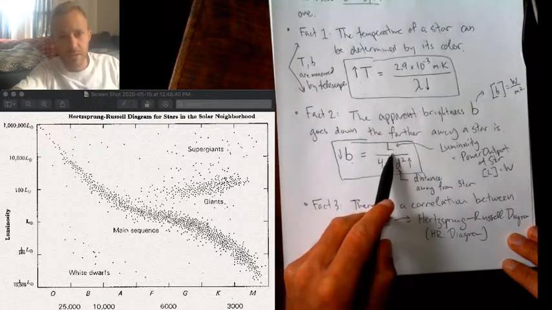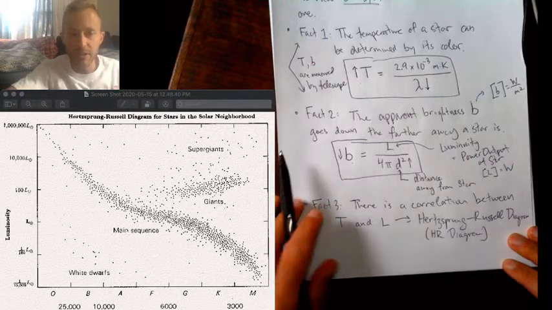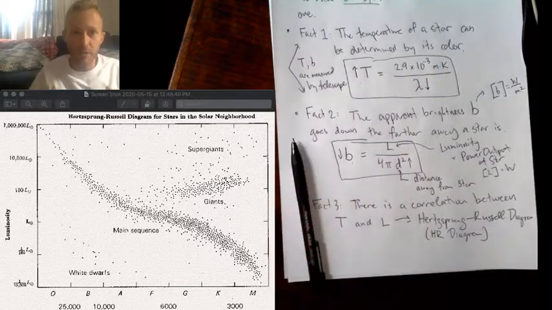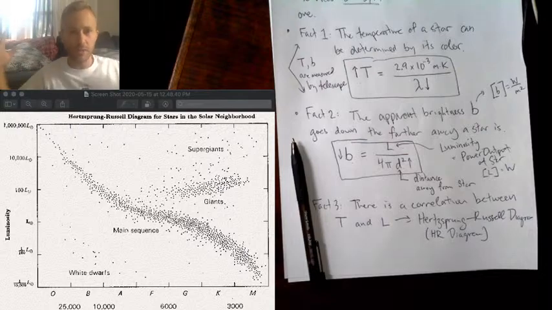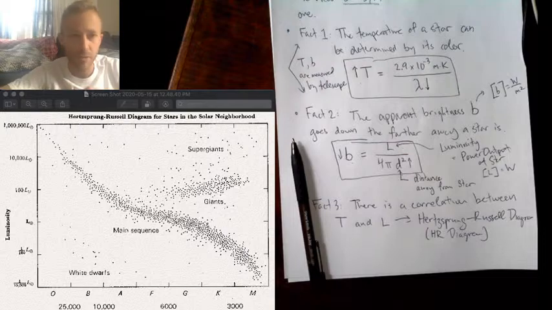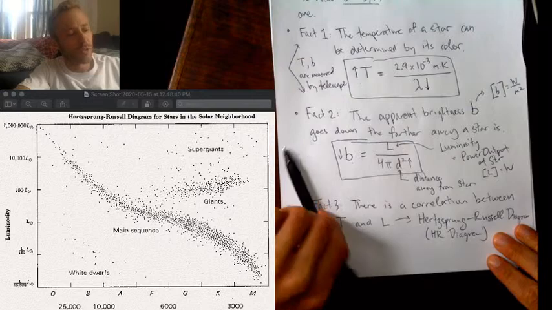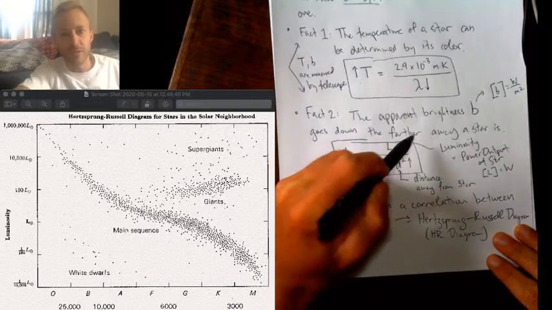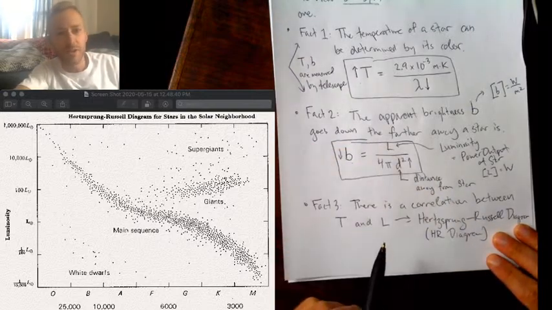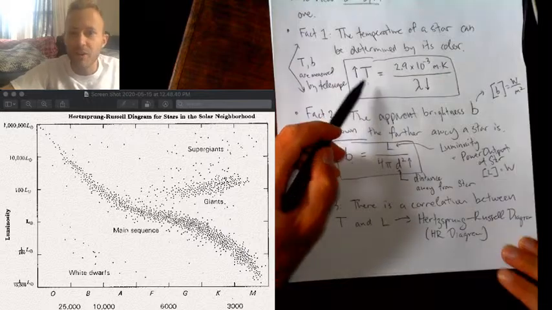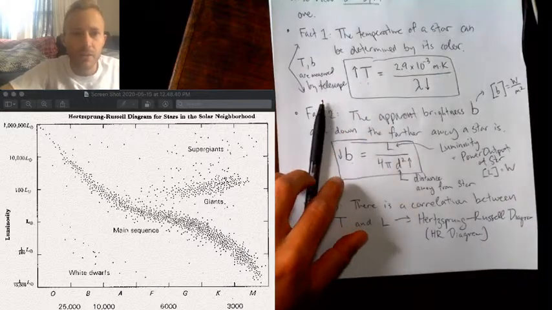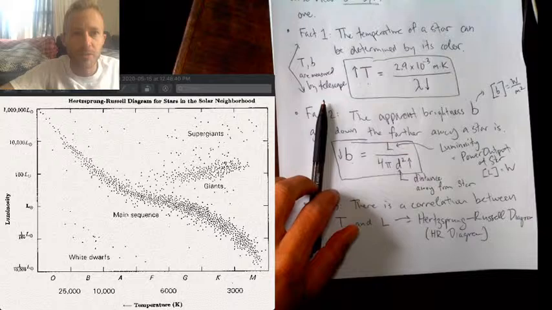So scientists used the parallax method to figure out how far away all these stars are that we can determine the distance to with the parallax method. And then we used this formula to calculate their luminosity. And we also calculated their temperature. And we made a graph of luminosity versus temperature.